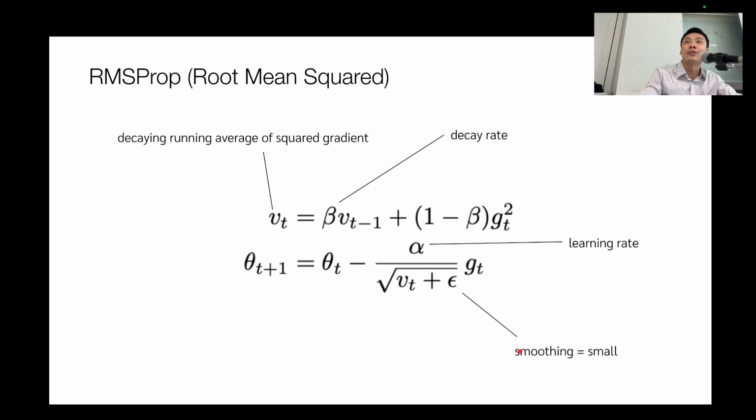When you divide by zero, you get infinity. Then when you try to subtract infinity from theta t, you get some stupid number that you cannot compute with. It will be a NaN, not a number.